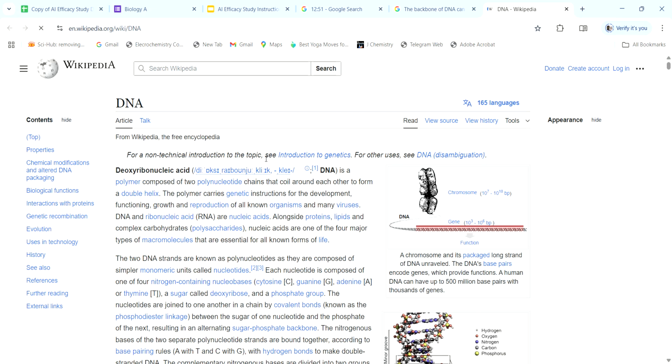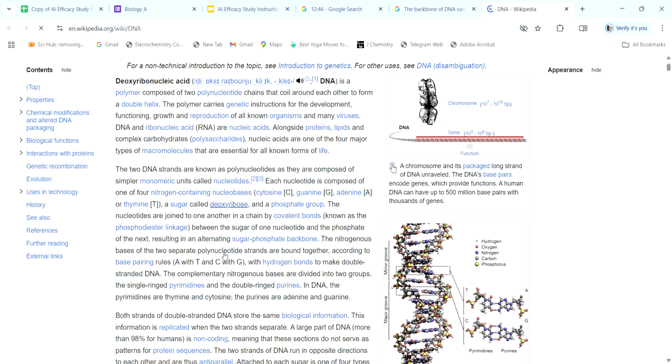So DNA is basically a polymer composed of two polynucleotide chains that coil around each other to form a double helix. The polymer carries genetic instructions for the development, functioning, growth, and reproduction of all known organisms and many viruses. DNA and ribonucleic acid are nucleic acids, alongside proteins, lipids, and complex carbohydrates.